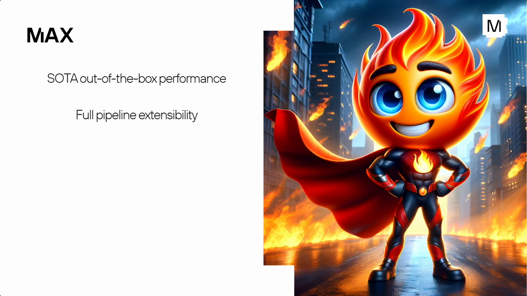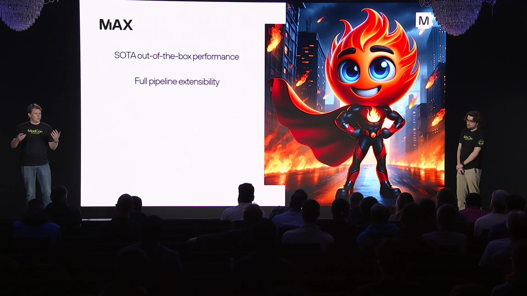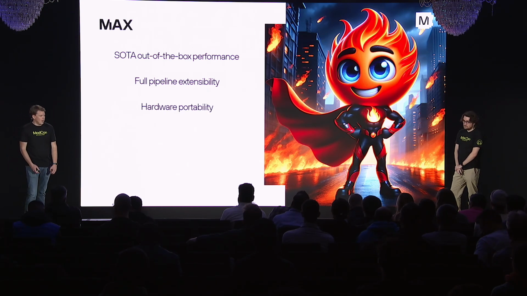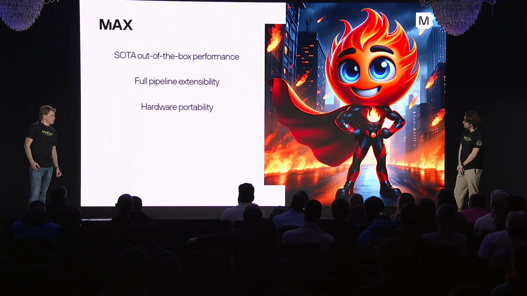You can hook into the same tools that we use to make things fast and use them yourself. It's hardware portable. Like we said, the Mojo kernels spread across different CPUs. We've talked about GPUs this morning, which are coming using very similar APIs, depending on how deep you want to go into your optimizations. And Mojo gives you superpowers.